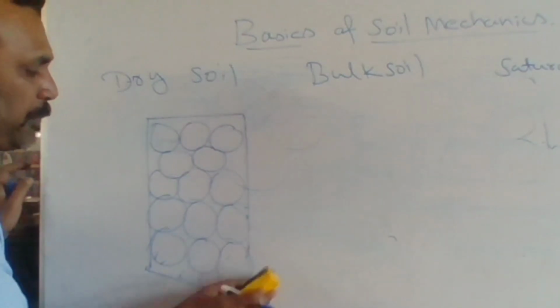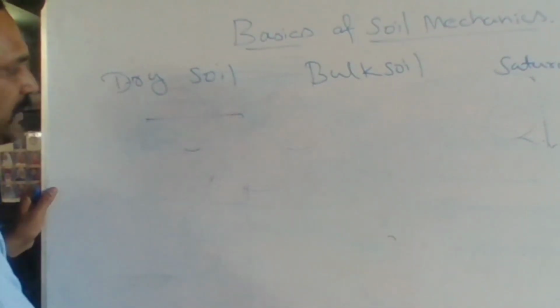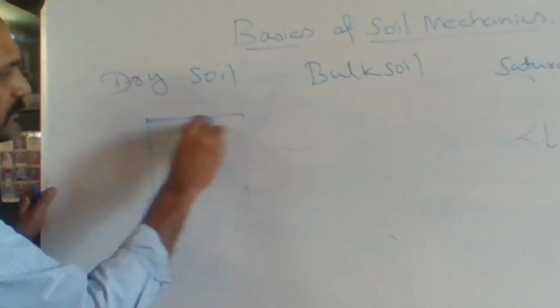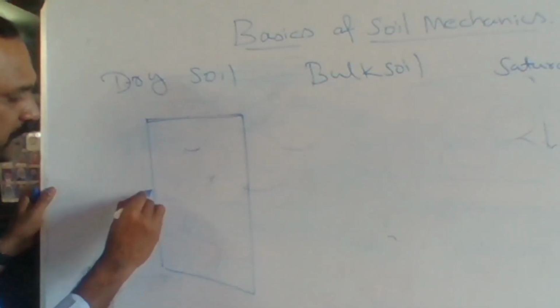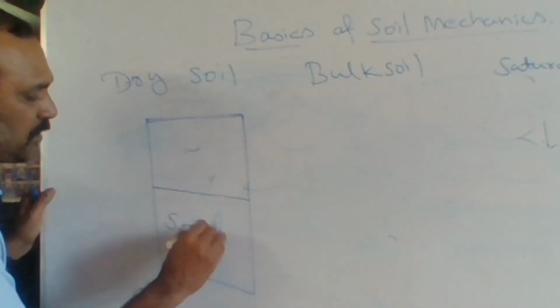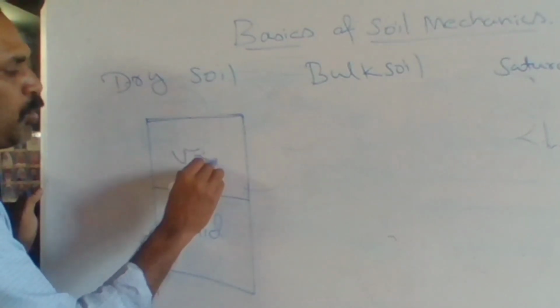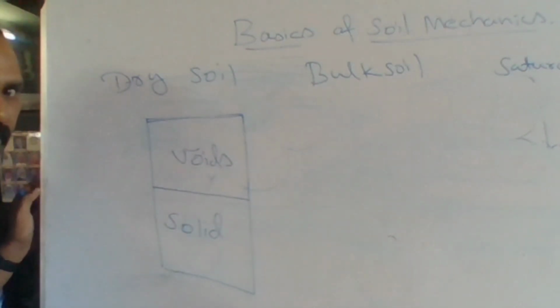So I am going to make another diagram here. You can see in dry soil condition, solid present and voids present. Am I correct?